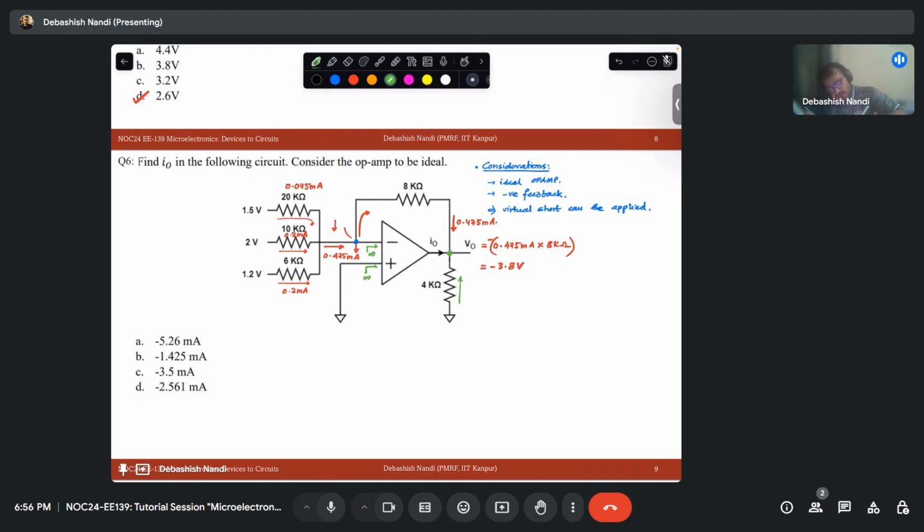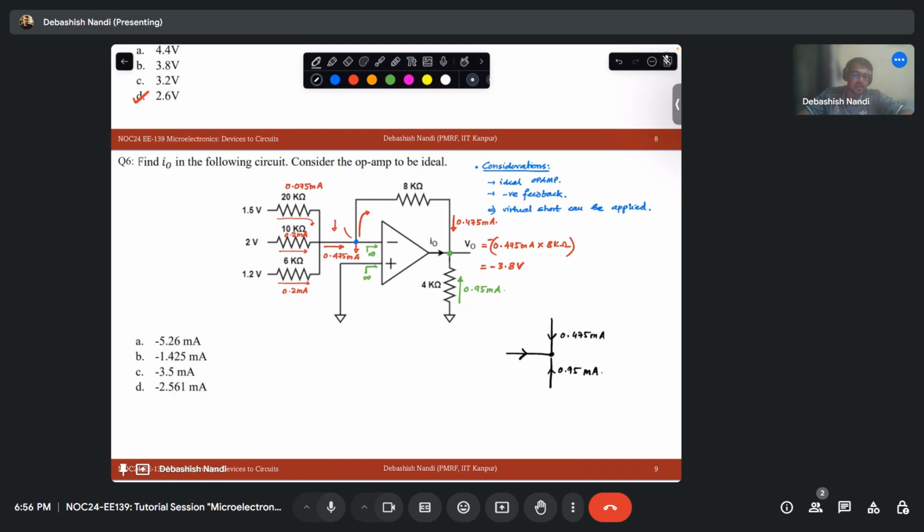So what about the current flowing through this? This divided by 4, so that is 0.95 milliampere. Now we have a situation where the current flowing here is 0.475 milliampere, the current flowing in this is 0.95 milliampere, and you are asked to find this current.